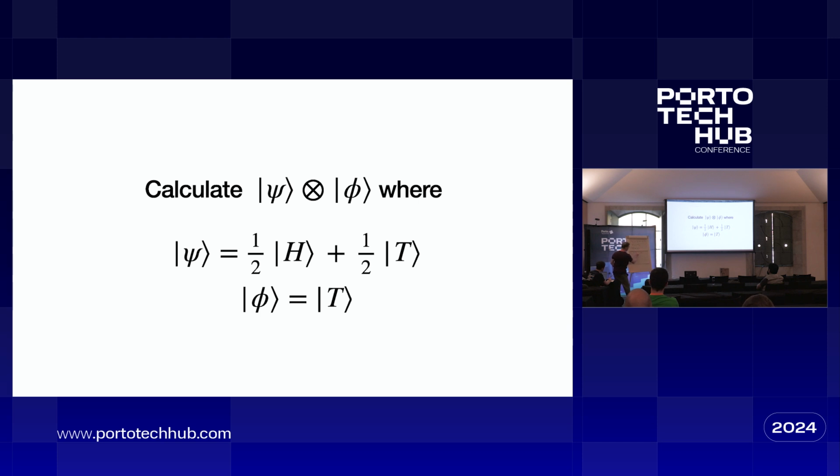So we get heads times tails, and tails times tails. That's a half, and here's where we usually do an even further simplification.